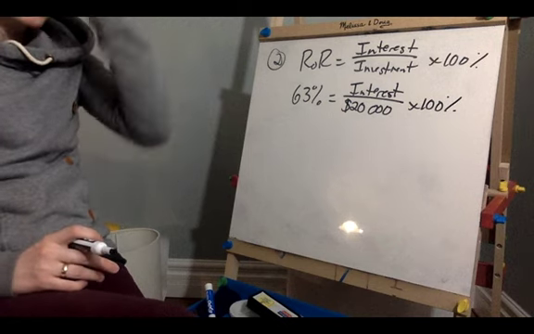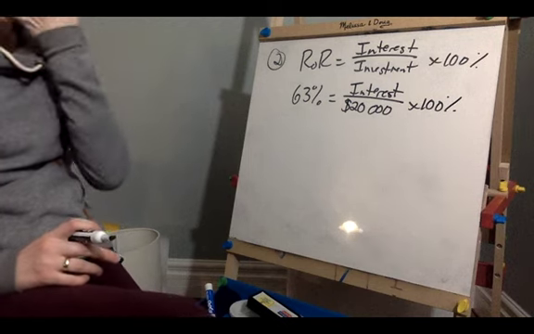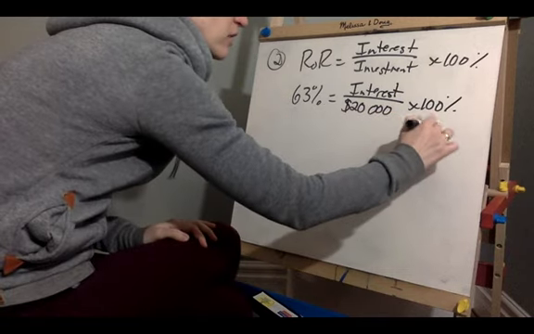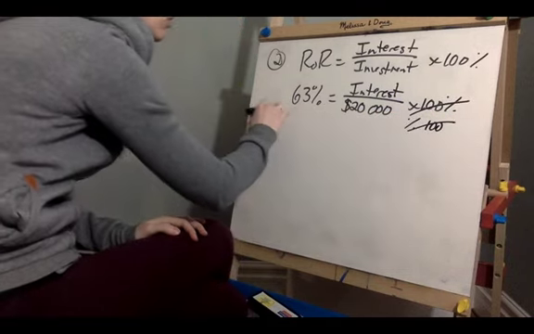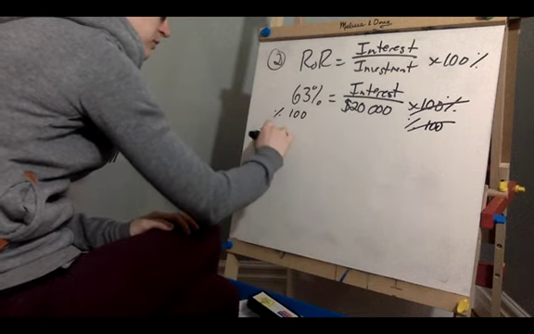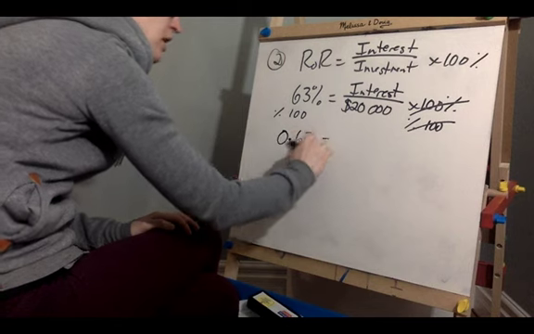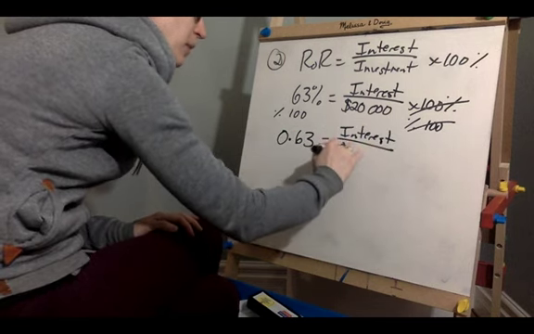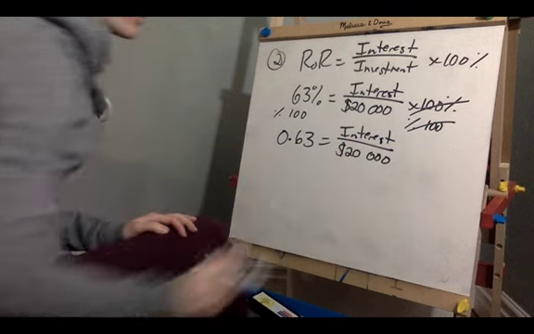So the last thing we did going forward was multiply by 100%. So the first thing I'm going to do is divide both sides by 100. If I divide by 100 here, that will cancel. And if I divide by 100 here, I get 0.63 is equal to the interest divided by that 20,000 original investment.